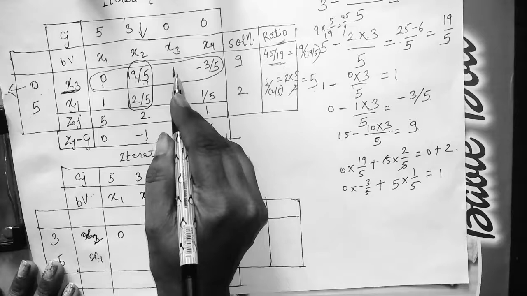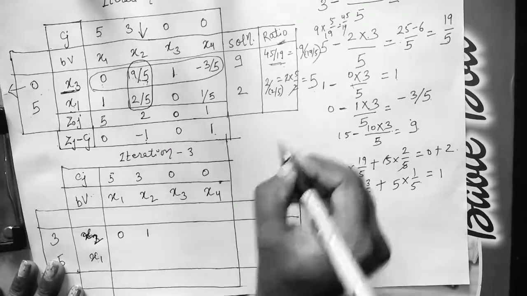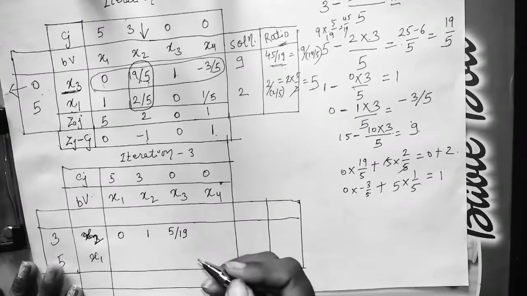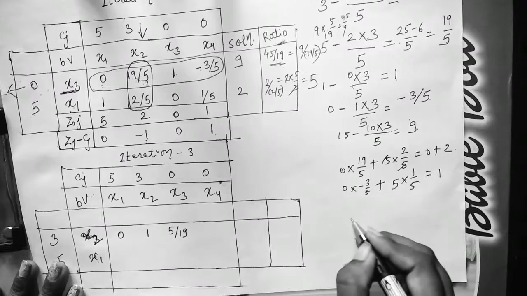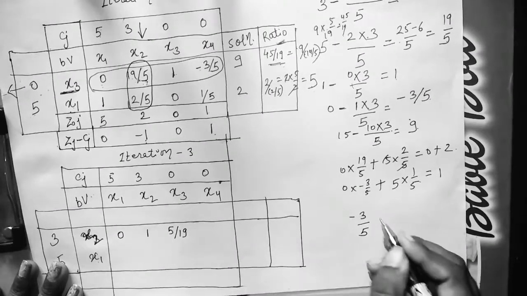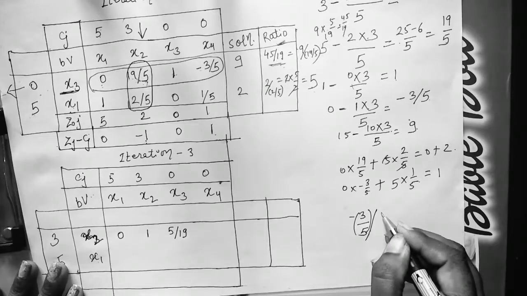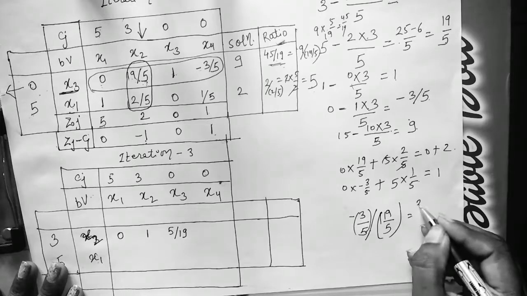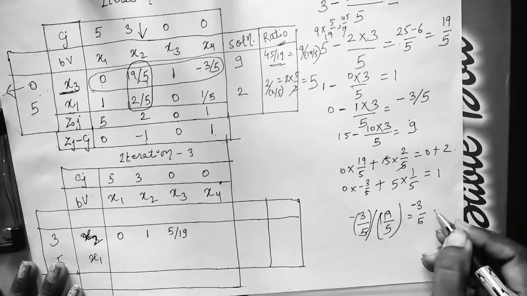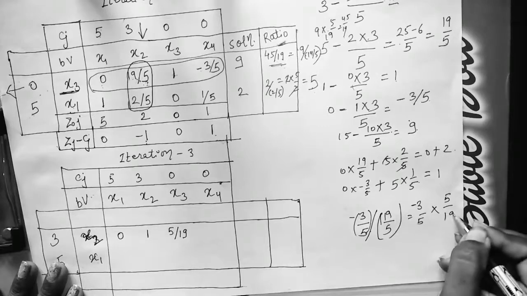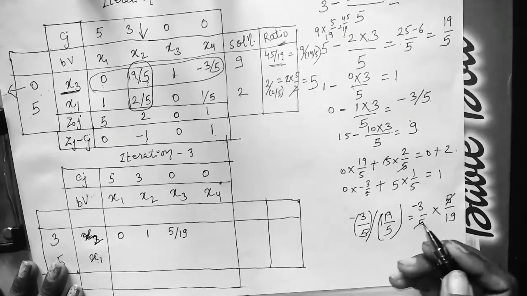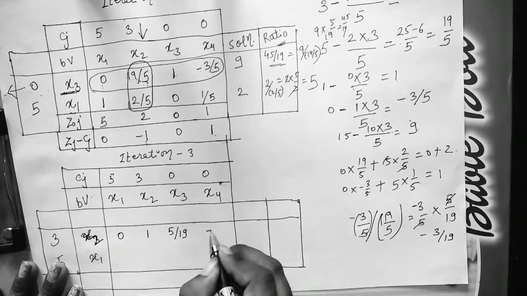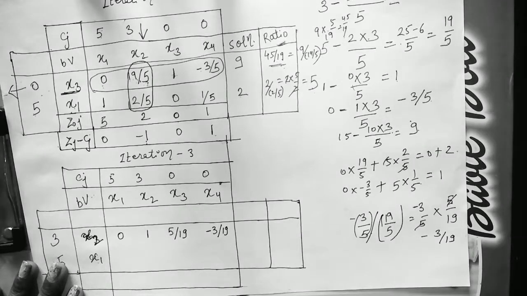Then 1 upon 19 upon 5: how can we calculate this? 1 upon 19 upon 5 is 5 upon 19. Minus 3 upon 5 upon 19 upon 5 is equal to 3 upon 5 minus 5 upon 19, which is equal to minus 3 upon 19.